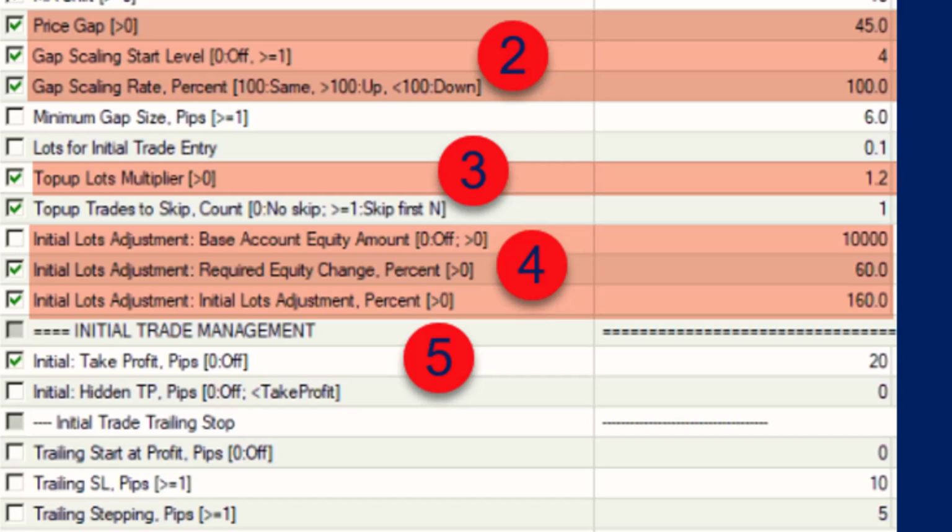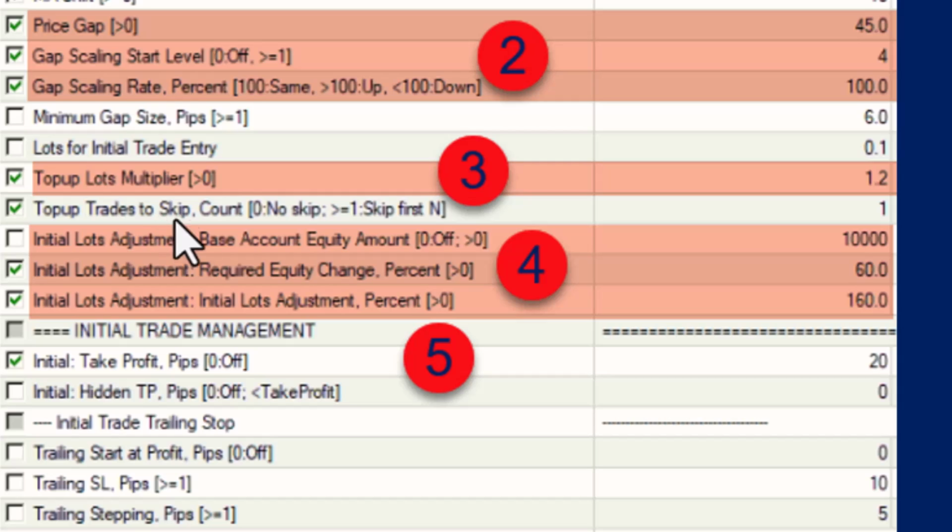And in fact, if you make this setting 2, then you have true martingale principles applying. You can trade martingale if you like that approach. Then you can use the setting to trade martingale, but you don't need to. You can trade very conservatively and only increase it by 1.1 or 1.2 or so on. The very important setting here, because this determines how quickly you recover your negative trades.